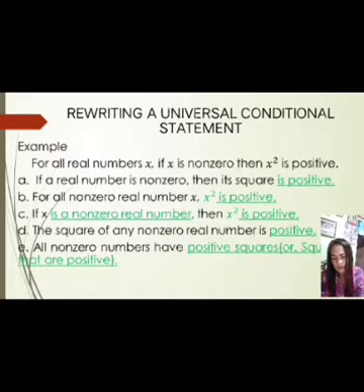C: If x is a non-zero real number, then x squared is positive. D: The square of any non-zero real number is positive. E: All non-zero numbers have positive squares, or squares that are positive. That's the example of rewriting a universal conditional statement.